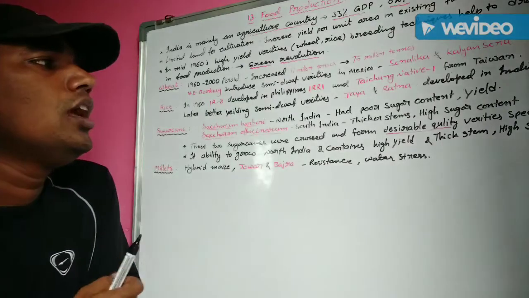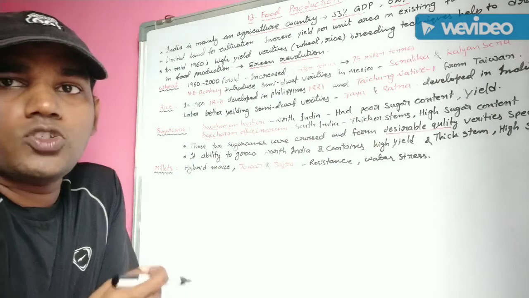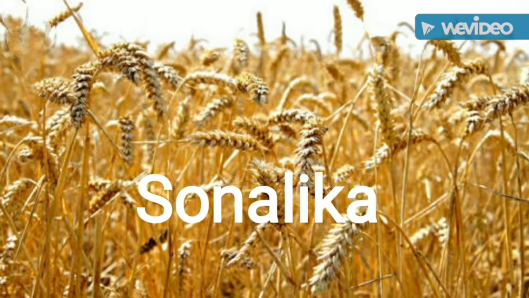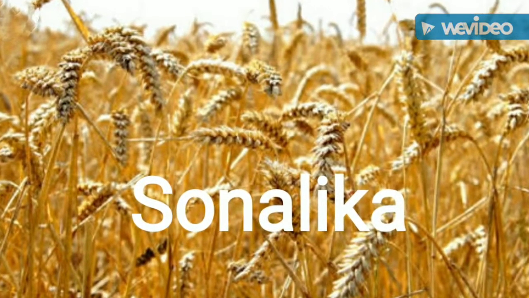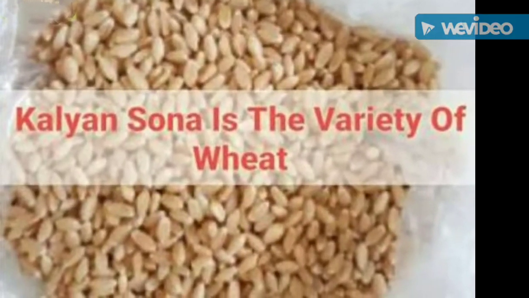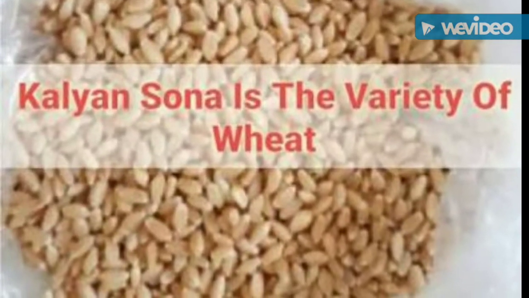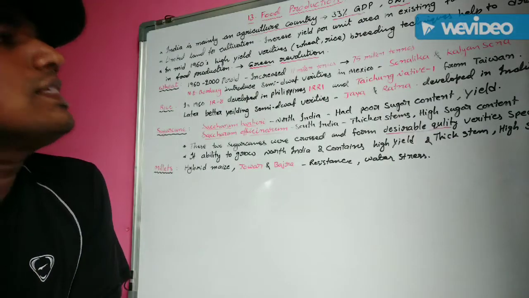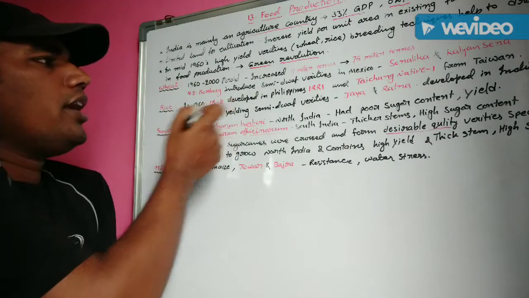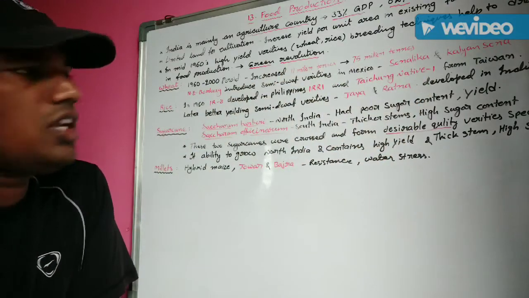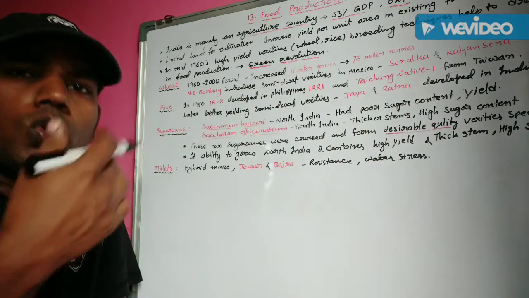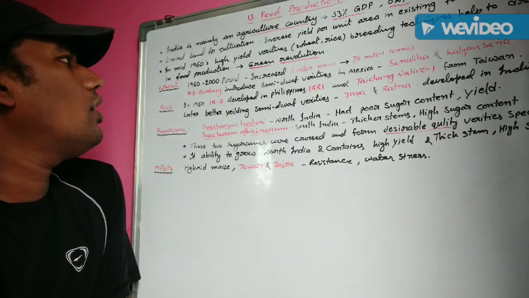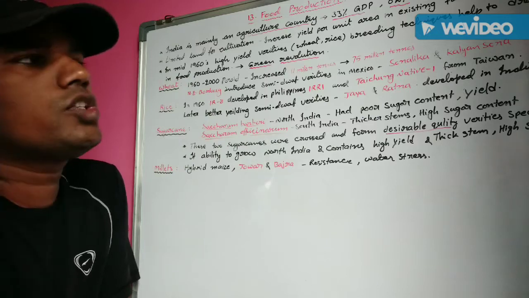Rice varieties: there are Jaya and Ratna, which were mainly developed in India. IR8 and Taichung Native 1, Jaya and Ratna, these types of new rice varieties were introduced in the agricultural field.